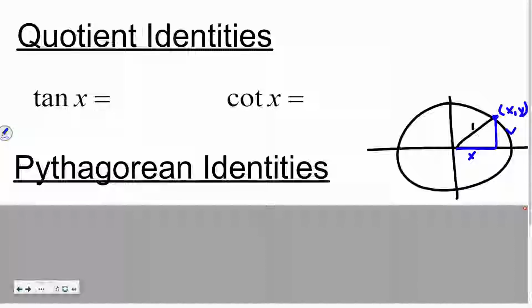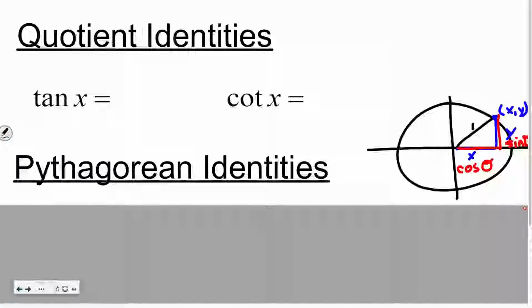X and Y. And then we decided by definition of trig ratios, like opposite over hypotenuse, adjacent over hypotenuse, etc., that when we did this on the unit circle, the cosine was always x over 1, which was just x. So we could also say that this side that we have labeled as x, that's also just cosine theta. And this side that we have labeled as y is sine theta.